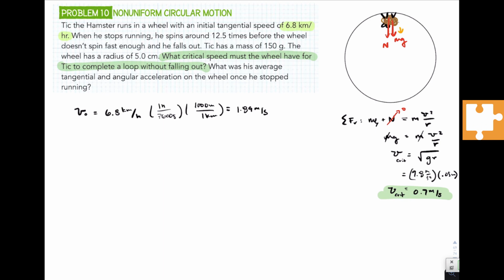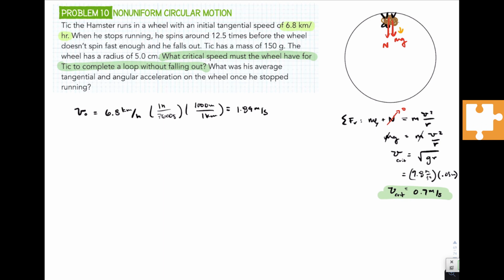At that point, he's no longer propelling the wheel and the speed starts to slow down because he's not doing his little friction foot thing. So as soon as he stops running and gets stuck to the wheel and starts going around in circles, that's our initial speed.